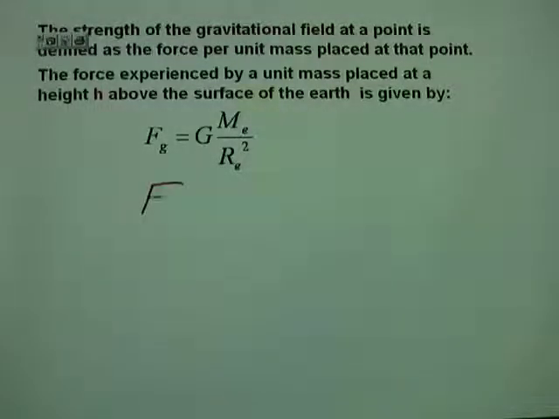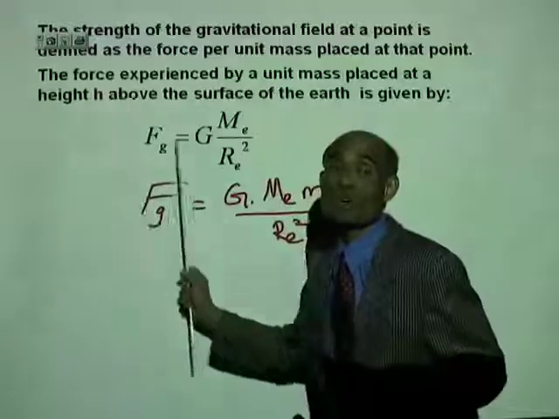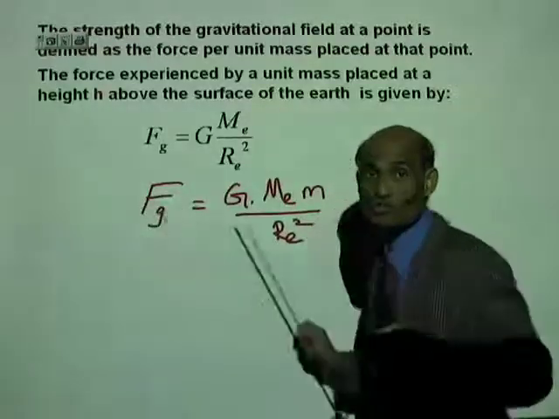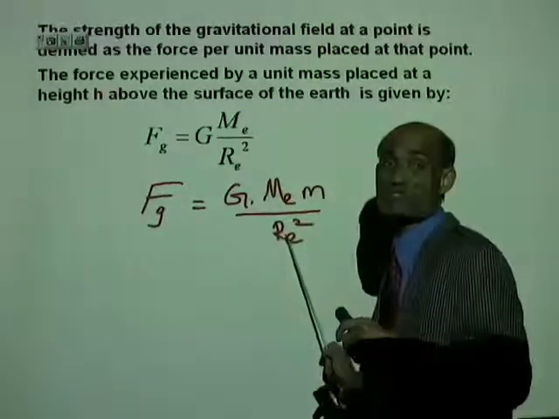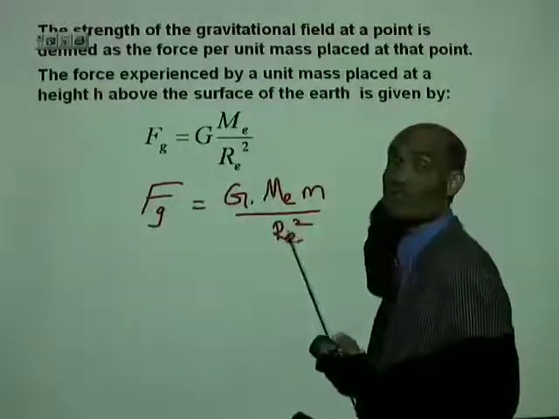If you place an object on the surface of the earth, the force of gravity on it will be F equal to G times mass of the earth times mass of the object divided by the square of the radius. So remember, we are not placing the object at a height h, we are placing the object on the surface of the earth, where the distance between the center of the earth and the object is the radius.